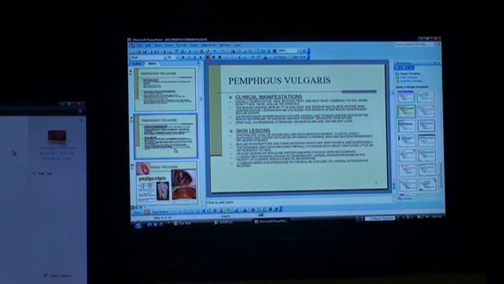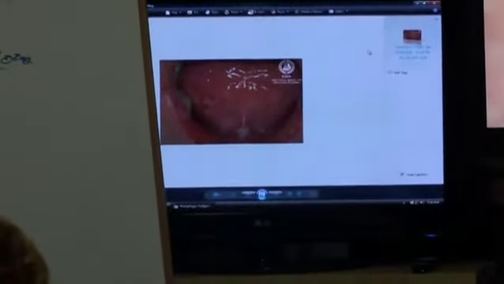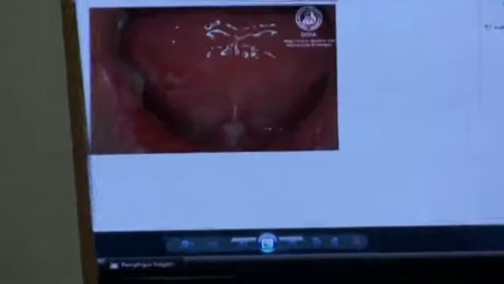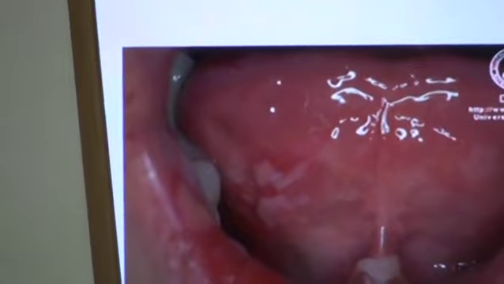If you concentrate on the picture on the other screen, what you'll see is the erosions, they look like they're white in color, right there.